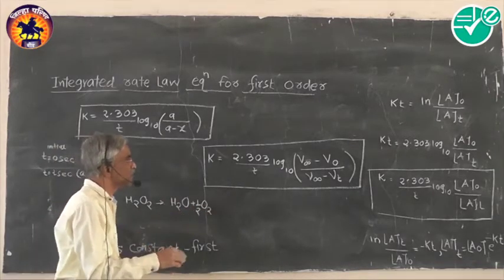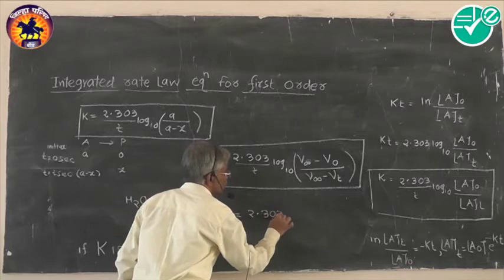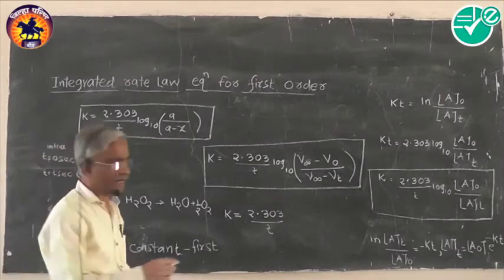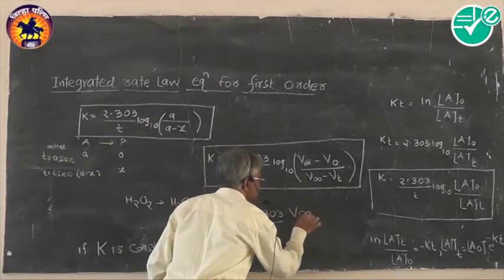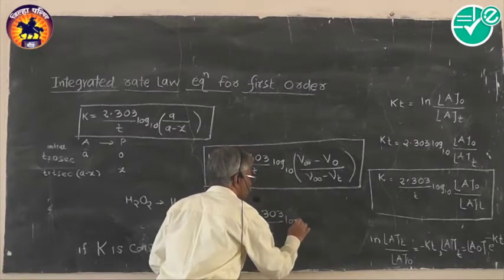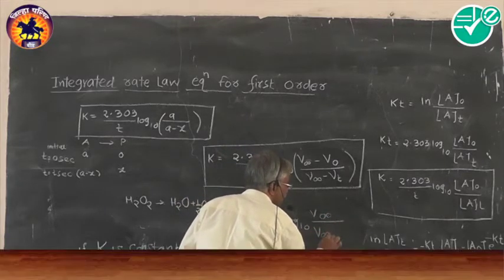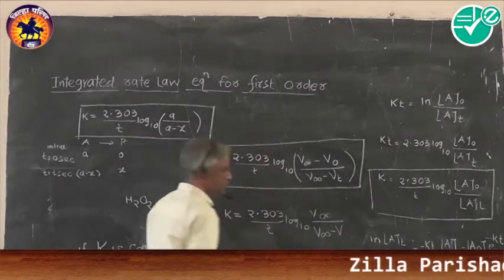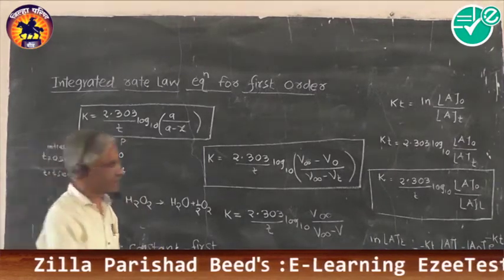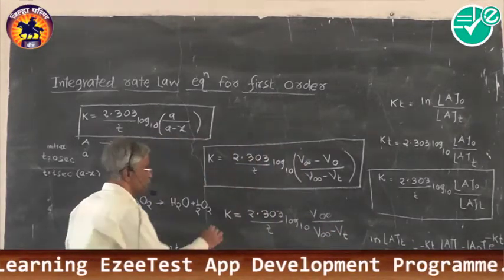In such cases, one more equation can be used: K equal to 2.303 upon t, log to the base 10 of V infinity divided by V infinity minus the volume of the oxygen that is obtained at a time t when you are studying.